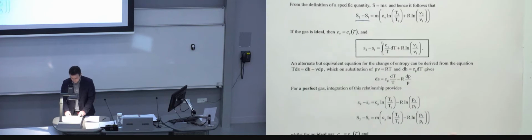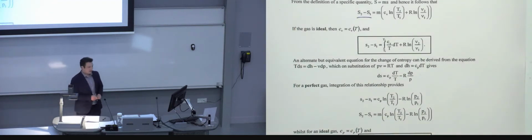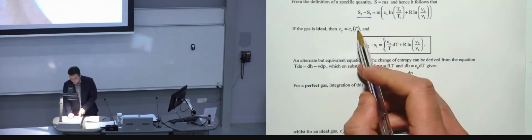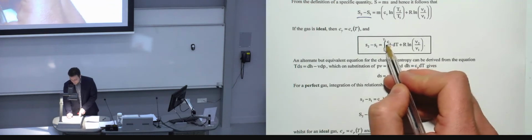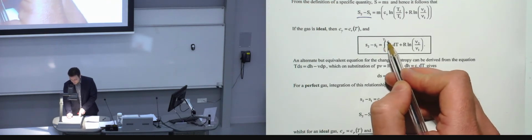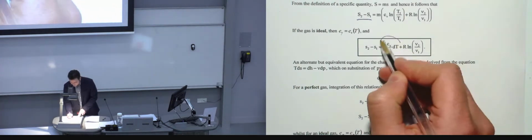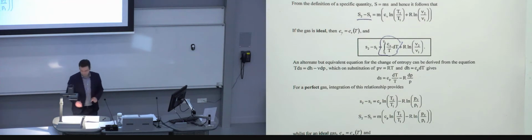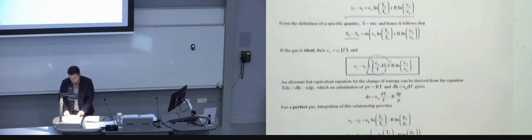However, if you want to keep that generic and use it for ideal gases, then because Cv is not a constant and it's a function of temperature, you have to keep that inside the integral. So your first term is slightly more complicated. I mean, not complicated, you just have to retain the integral.